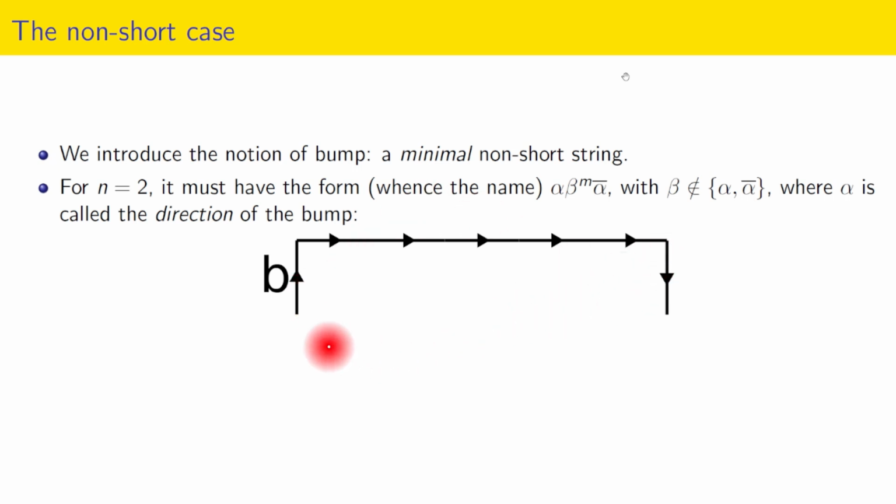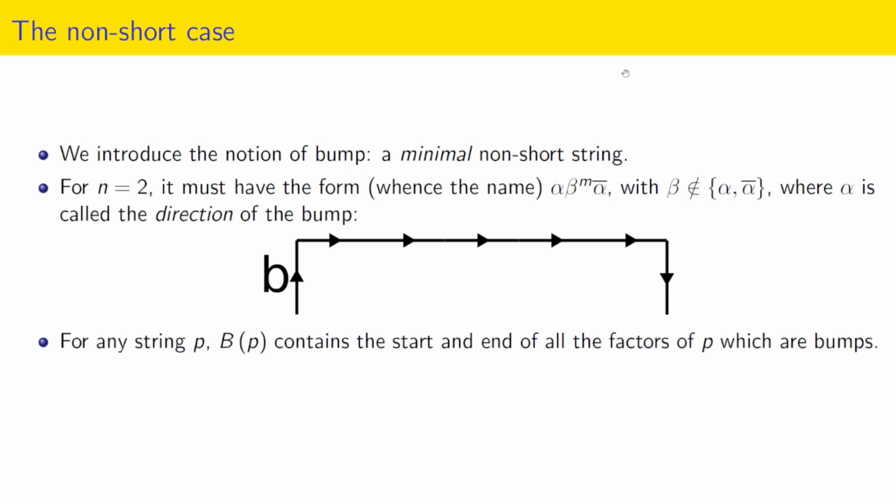Of course, you can go from this point to this point by removing the vertical bits, and you will obtain a shorter string. Okay, so for any string P in O2, or ON actually, we have a definition: B of P contains all the bumps, and they are encoded by their start and end as factors of P. So B is basically a set of pairs of natural numbers.